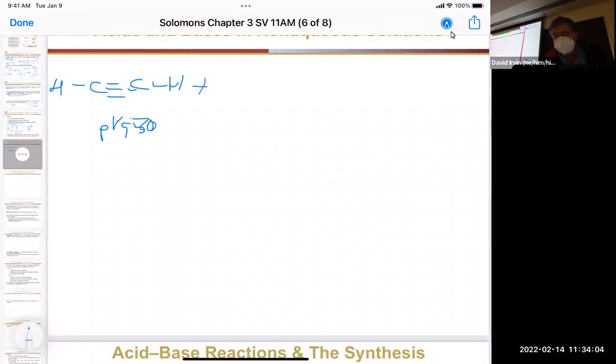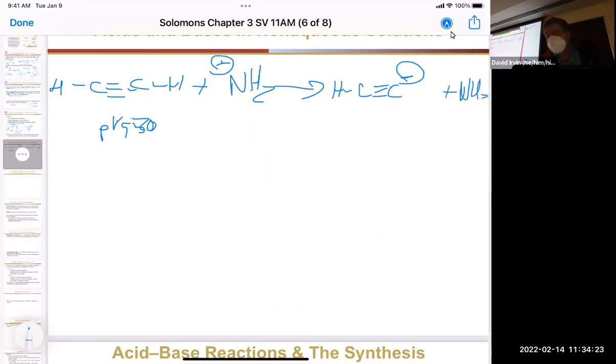And let's say we're going to use a strong base. In this case, we're going to use sodium amide right here. And when it does that conversion, we end up getting a carbanion, the carbon negative there, plus NH3, the hydrogen is transferred. So this is our starting acid, and this is our conjugate acid.